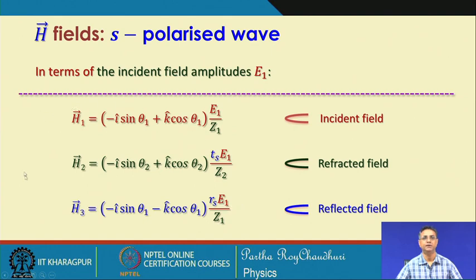So, they will be the most reduced form of the magnetic field components in the three fields, the incident field, the refracted field and the reflected field. So, we have all the three electric field components and the three magnetic field components. Now, we can calculate all that is needed for the phenomenon of reflection and transmission through the interface.